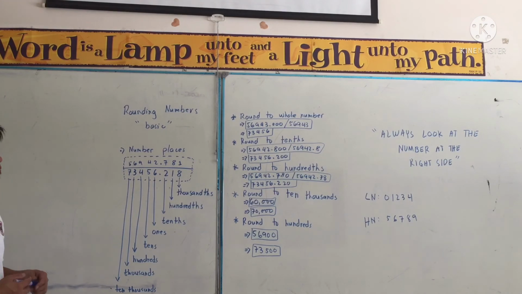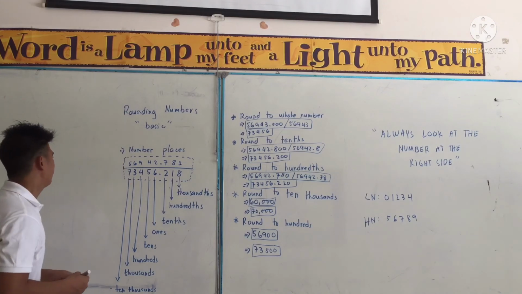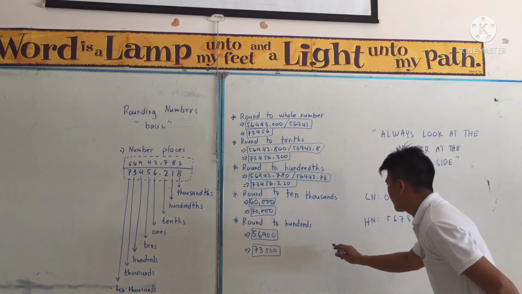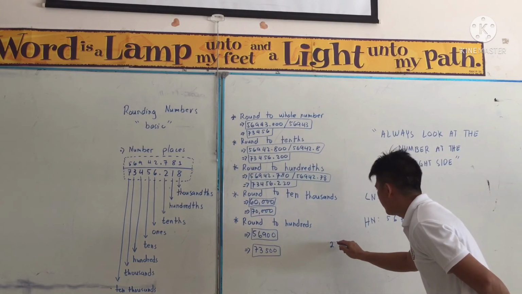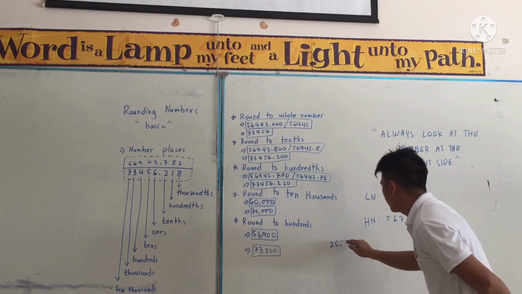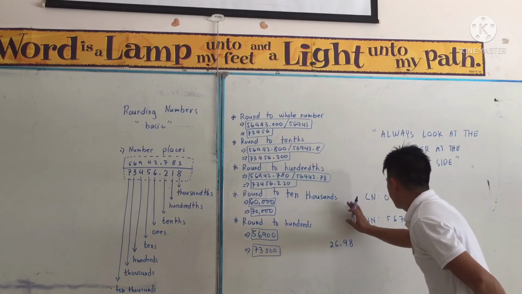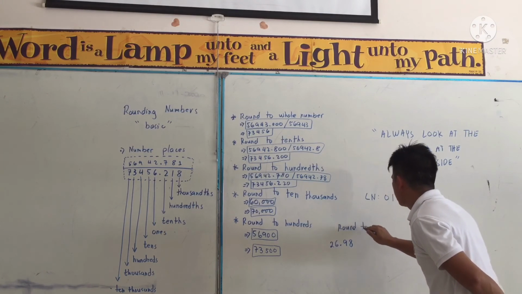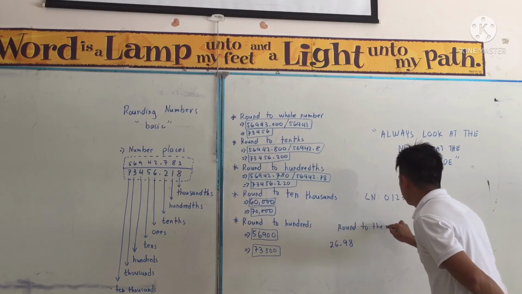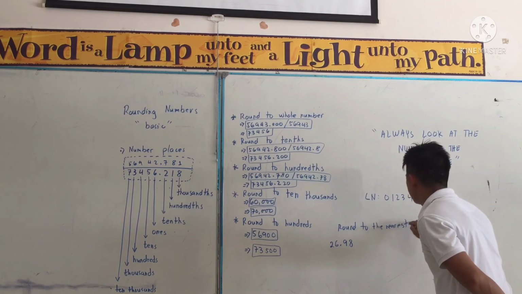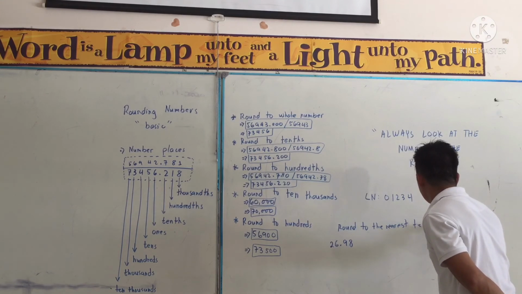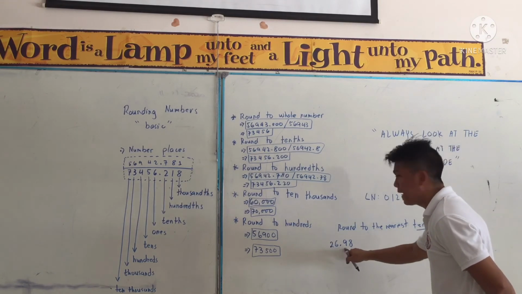Sometimes the number is 9. Another example, I will just add this: 26.98, and the instruction is round to the nearest tenths. What's the tenths? 9.